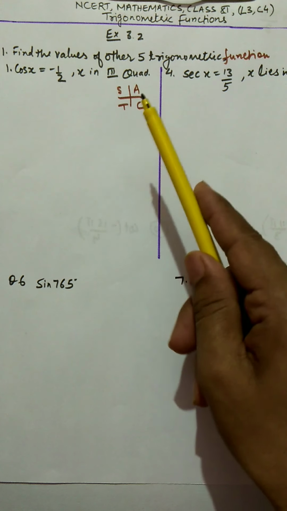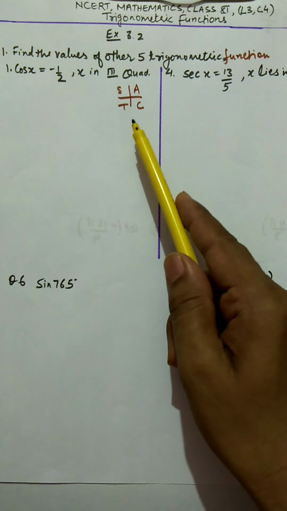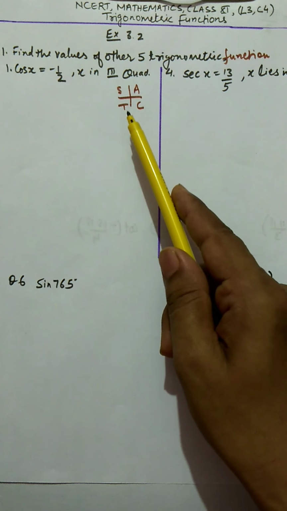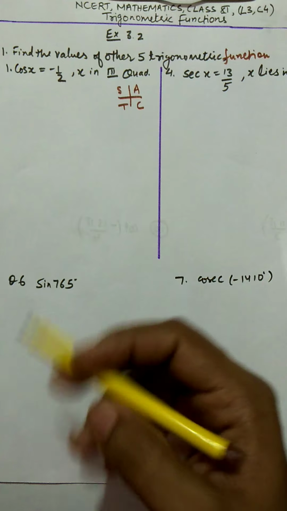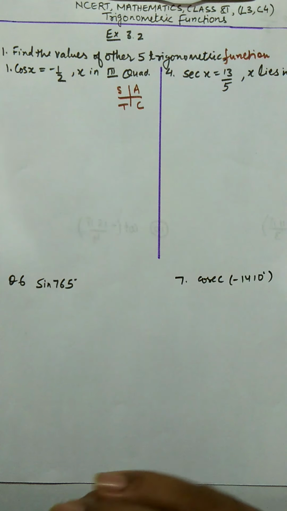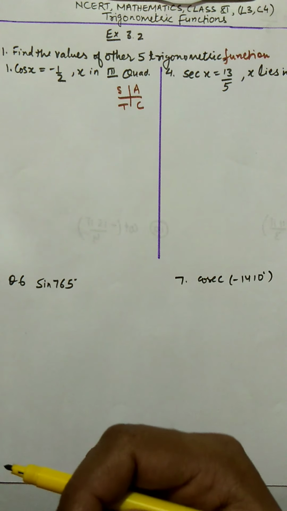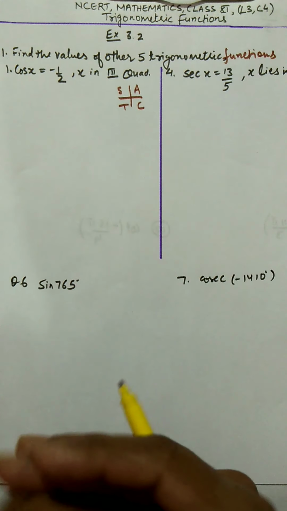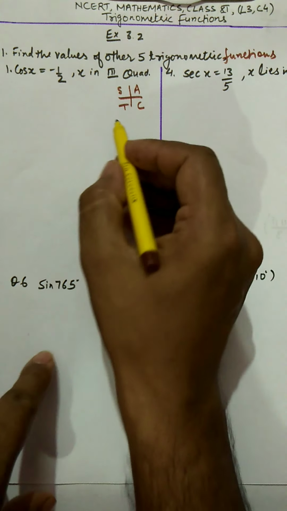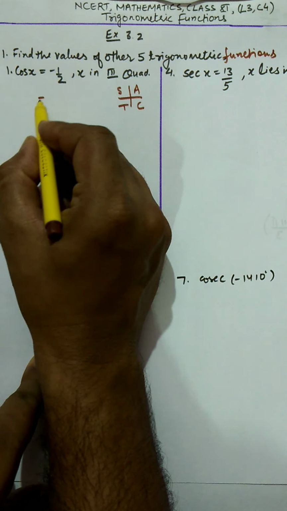That means first we are talking about the third quadrant. In the third quadrant only cot and tan can be positive, the rest will be negative. So how do we find the values of the other trigonometric functions when we have only the value of cos x as minus 1 by 2? We will compare it.